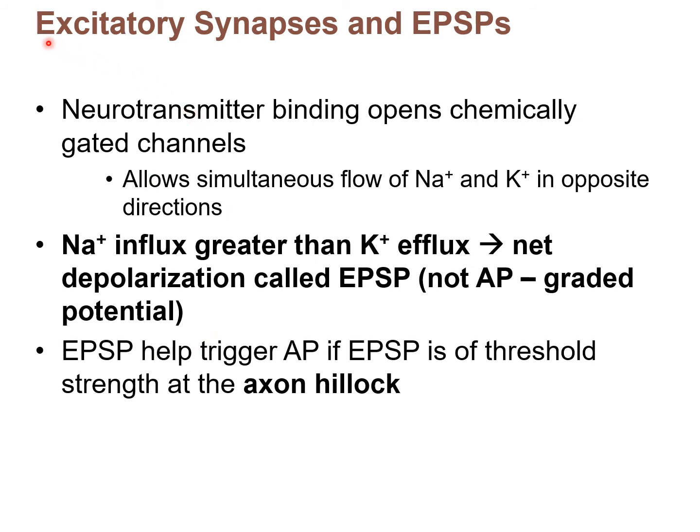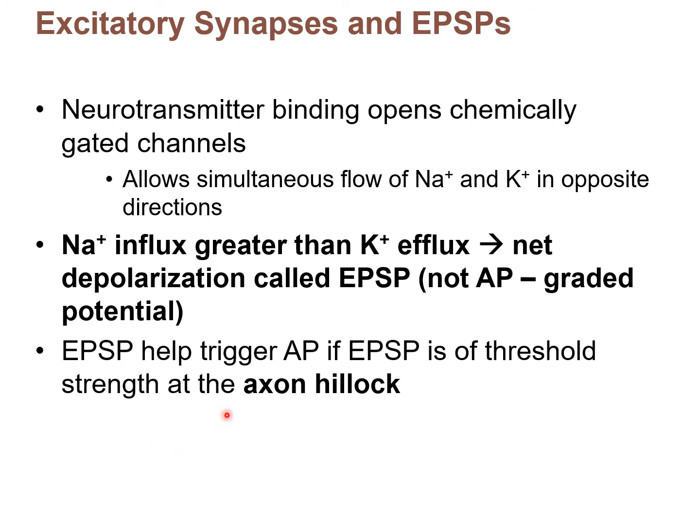So what happens in an excitatory postsynaptic potential? Let's read through the text, at least the important part, and then we'll look at the picture on the next slide. In an excitatory synapse, sodium rushing in is greater than potassium rushing out. So the effect is depolarization. And remember, depolarization on the graph raises it from -70 closer to 0.